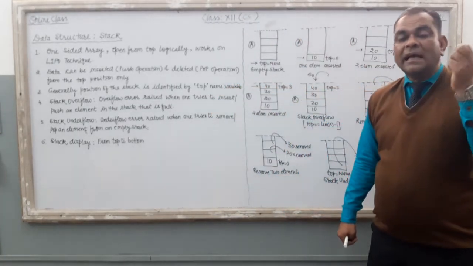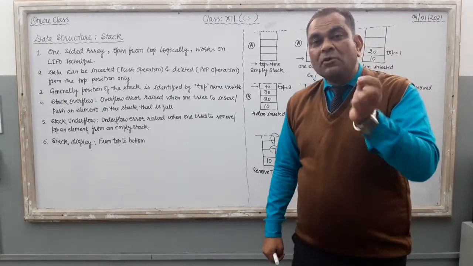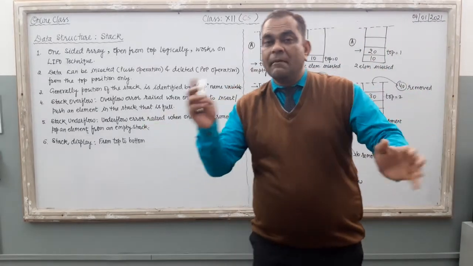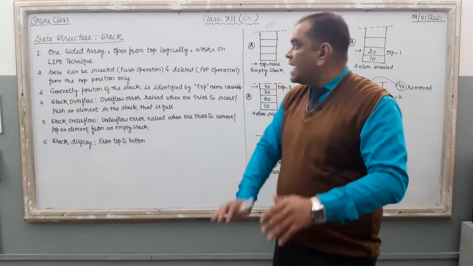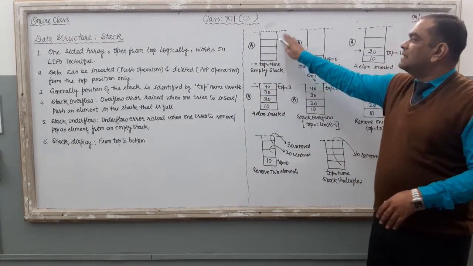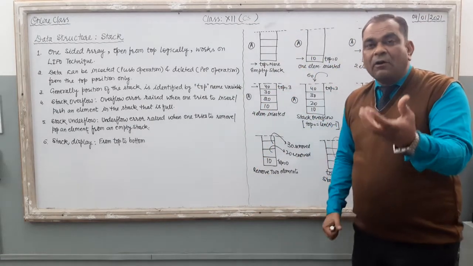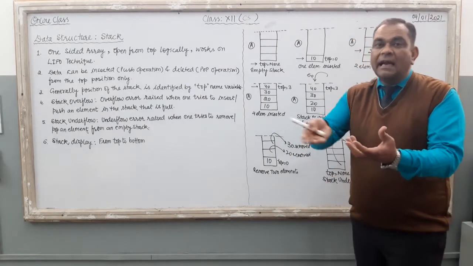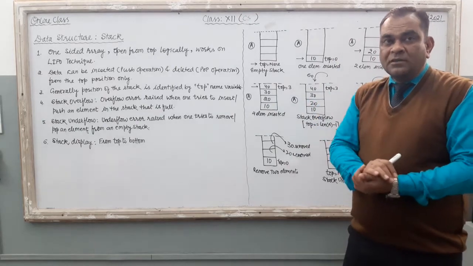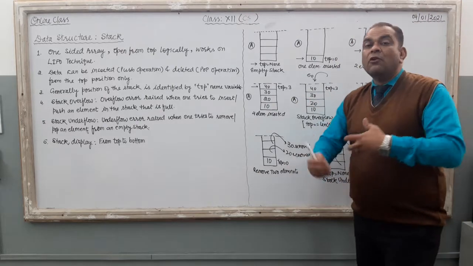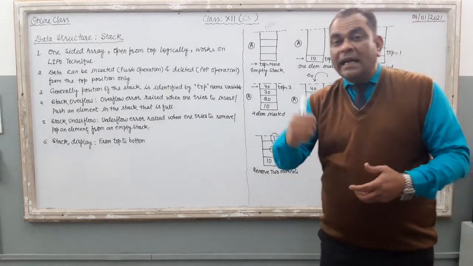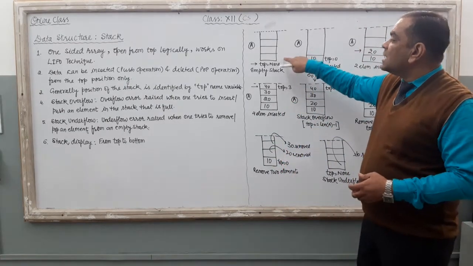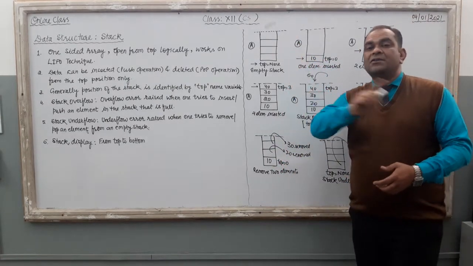You have to know the basic idea, the basic approach behind this stack implementation. Stack is just like this one, or you can take the example of a glass. A glass is covered from the bottom and open from the top. If you want to implement the same structure in programming, you use the stack implementation technique.